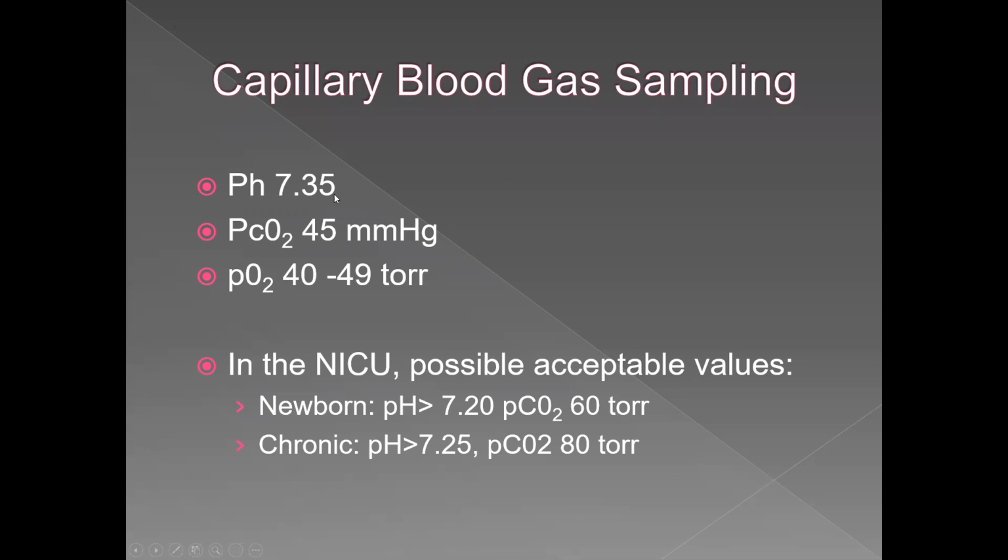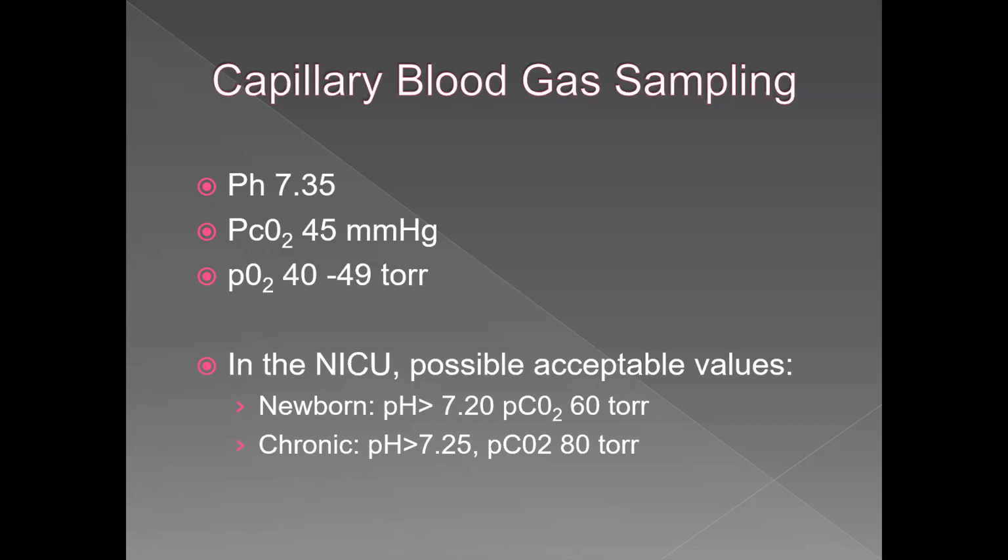pH 7.35, CO2 45, and then for O2, 40 to 49 is an acceptable PaO2. I can't say PaO2 because it's capillary, so I'll say PO2. PO2 for capillary blood gas, 40 to 49.